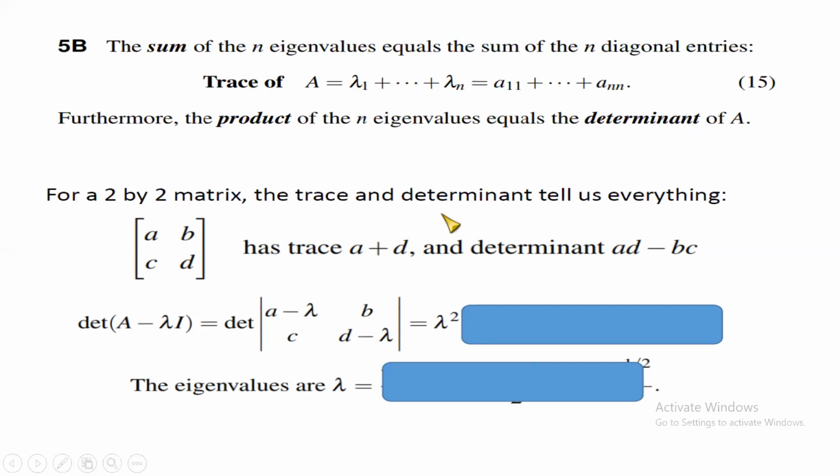For a 2 by 2 matrix, the trace and determinant tell us all the information. If we have a matrix A, B, C, D, it has trace A plus D and determinant AD minus BC. Then the determinant of A minus lambda I is equal to lambda squared minus (A plus D) lambda, the trace multiplied by lambda, plus the determinant, AD minus BC.